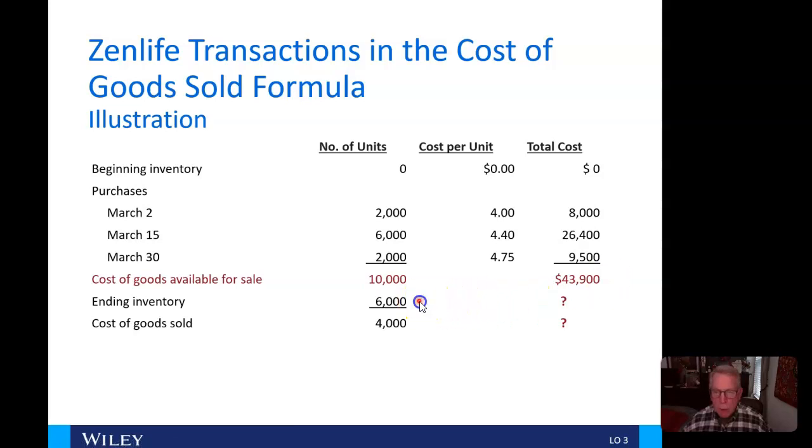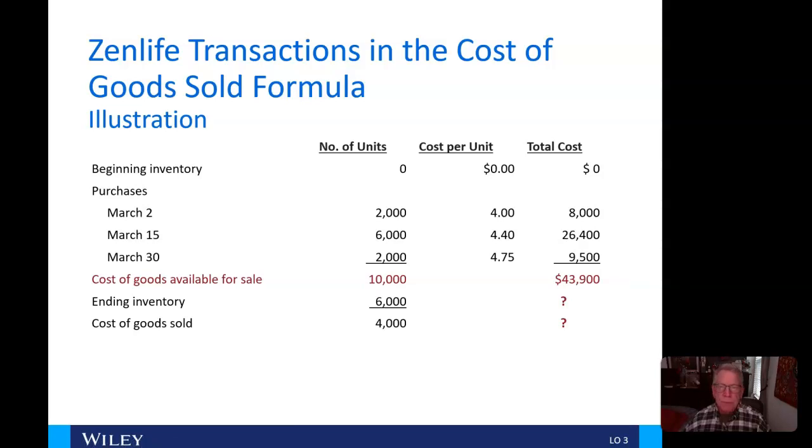Our ending inventory is 6,000, and our cost of goods sold units were 4,000. We're going to calculate ending inventory cost and the cost of goods sold associated with that.